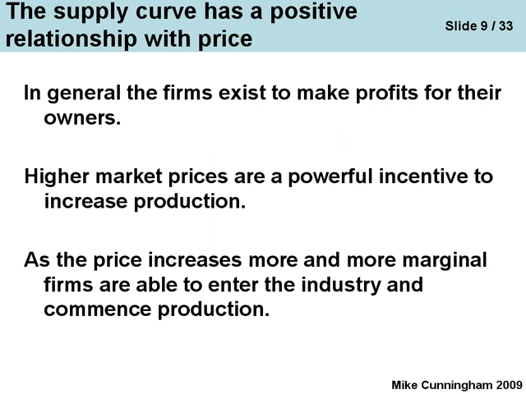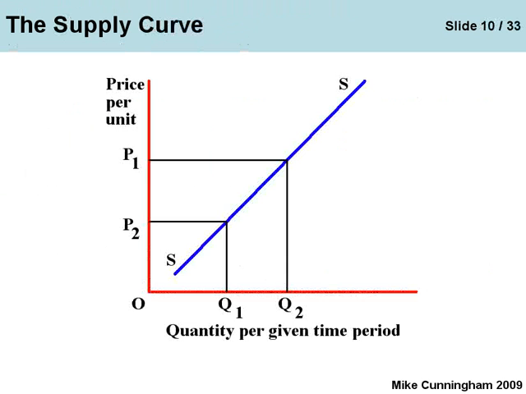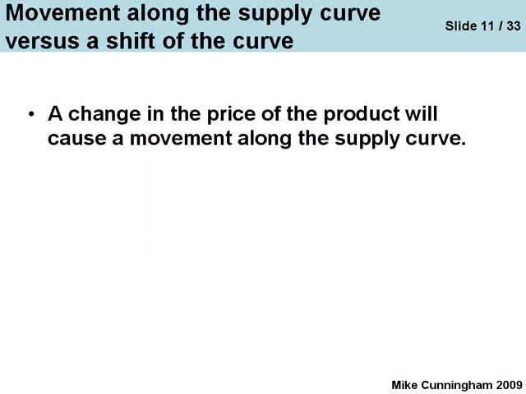So more marginal firms join in and add their output to the market as well. So as the price rises, output expands. So we have an upward sloping supply curve. As price rises, more is supplied. Price rises, more supplied. We'll come back to that in a second. We'll be emphasizing this throughout.